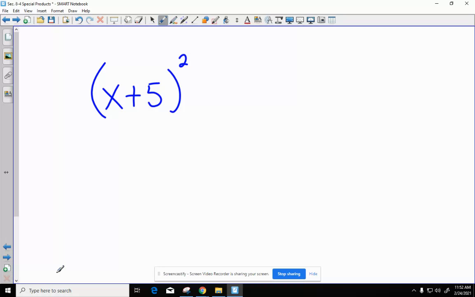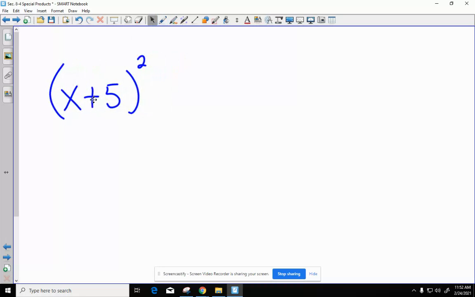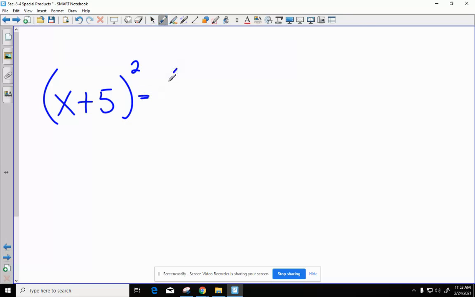If you need to write it twice, and you think about your four parts, your first, your outer, your inner, and your last, what are you going to end up with? So remember, this is really (x + 5) and another (x + 5).